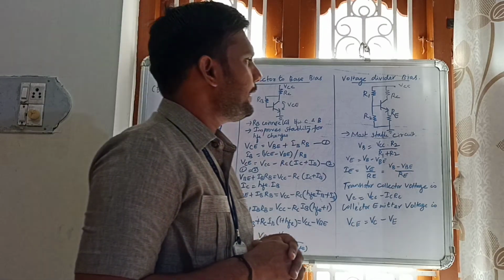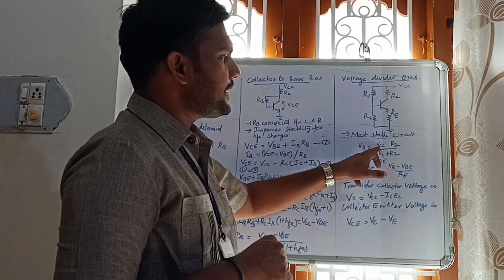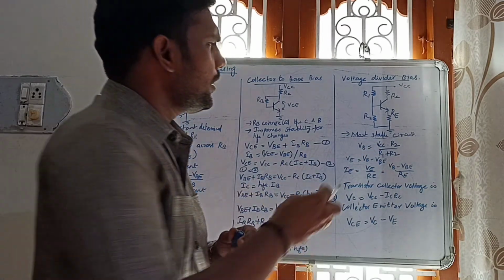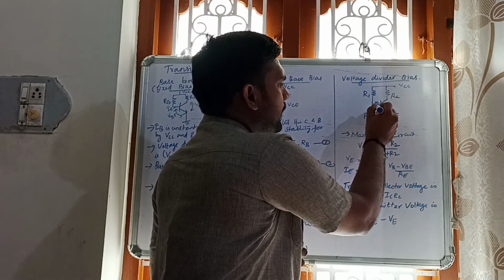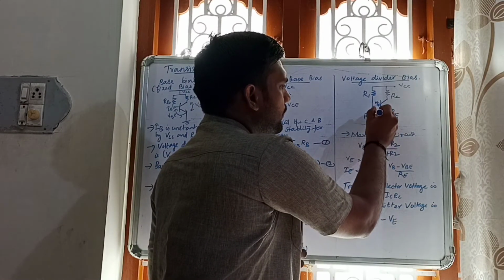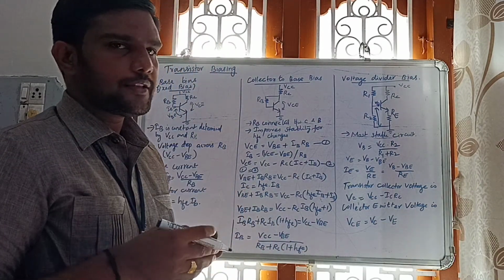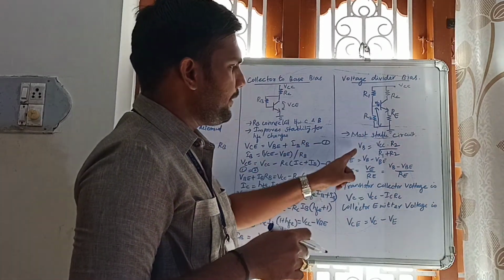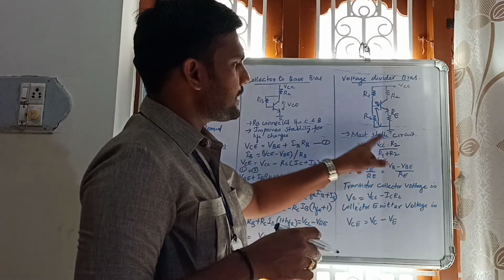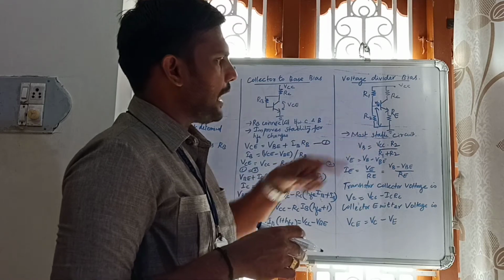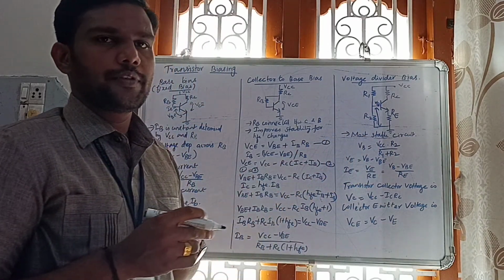Here the base voltage VB is equal to VR2. By applying the voltage divider rule, you can find VB. VB is equal to total voltage VCC into the same branch resistance R2 divided by R1 plus R2. So we just applied the voltage division rule.